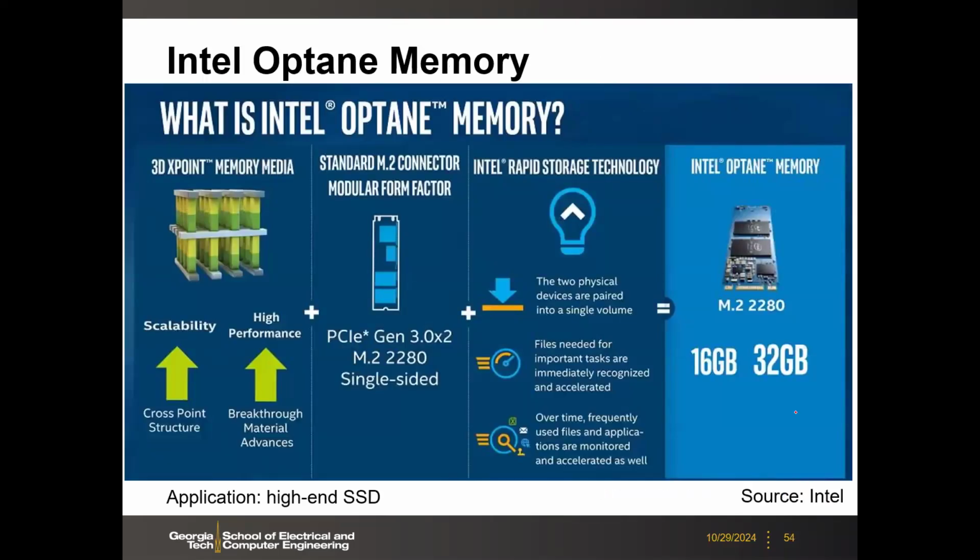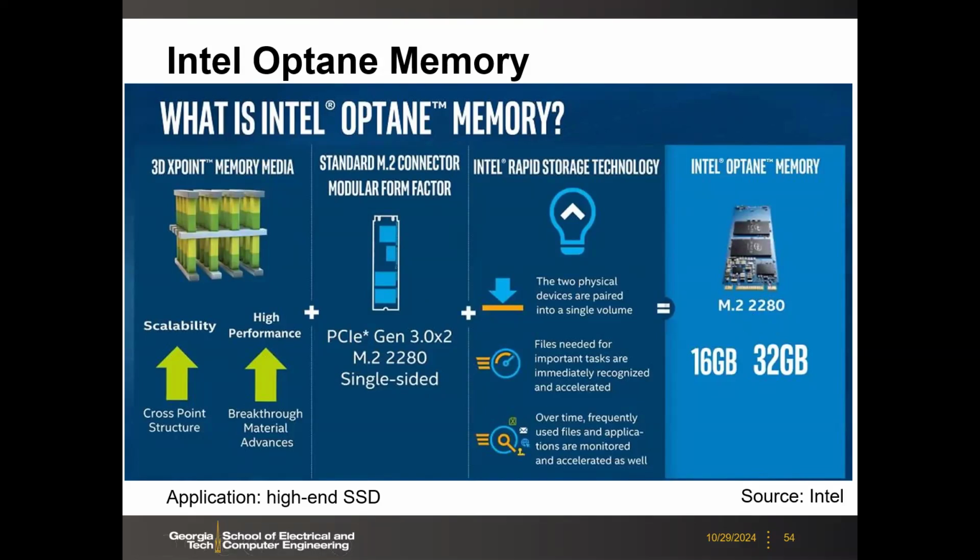So that's why Intel positions this Optane memory as some high-end SSD, and it sells in this module. You have two form factors, 16 gigabytes or 32 gigabytes. So you can plug it into your system.